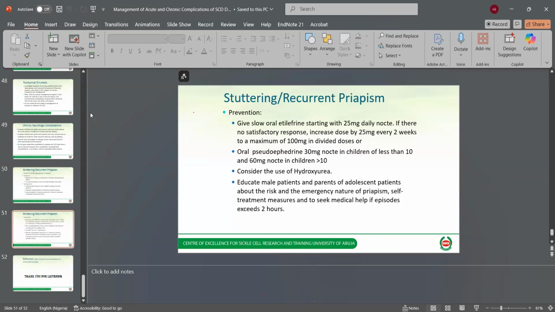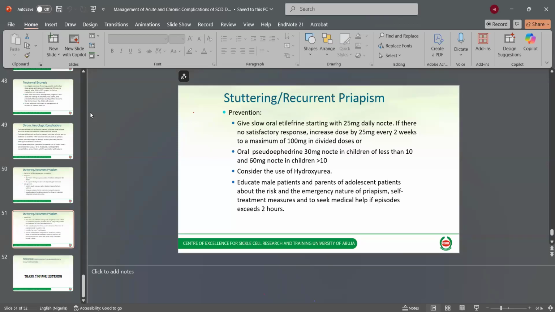As we mentioned earlier, for cure, the modality is stem cell transplantation. You achieve cure, or gene therapy.